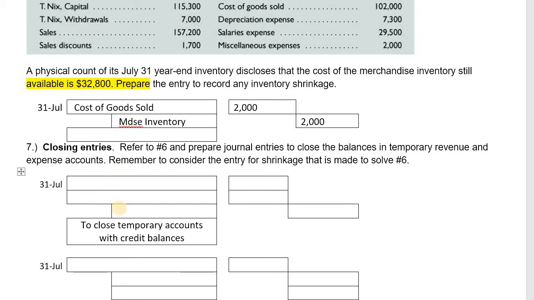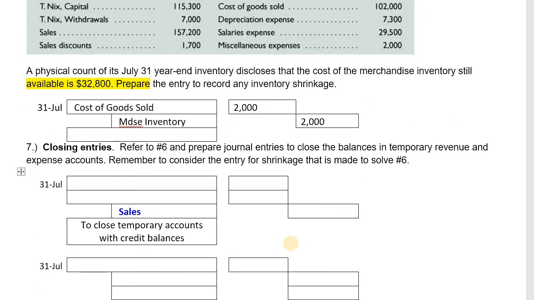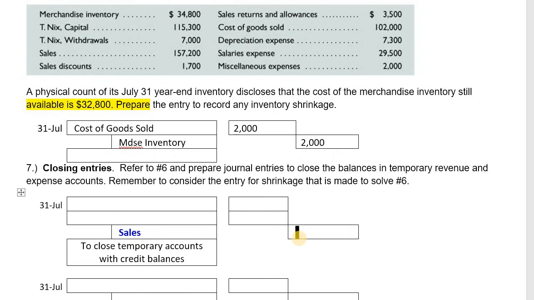So we're going to debit sales for $34,800. I'm sorry, wrong thing. From 157,200. And we're going to debit what?